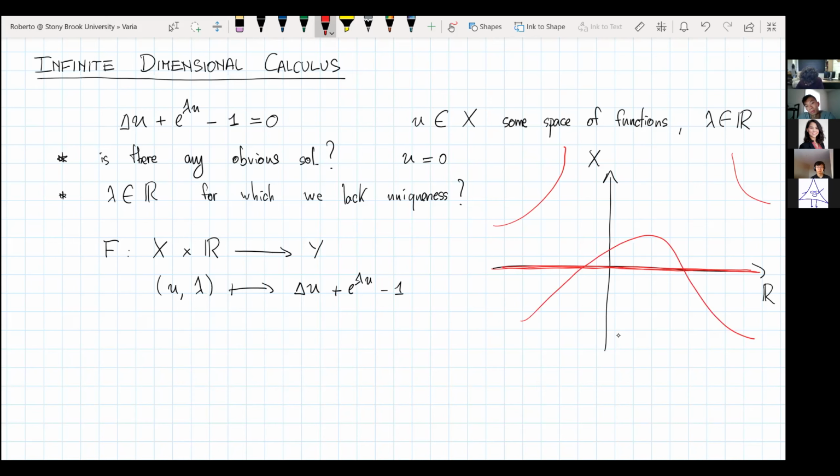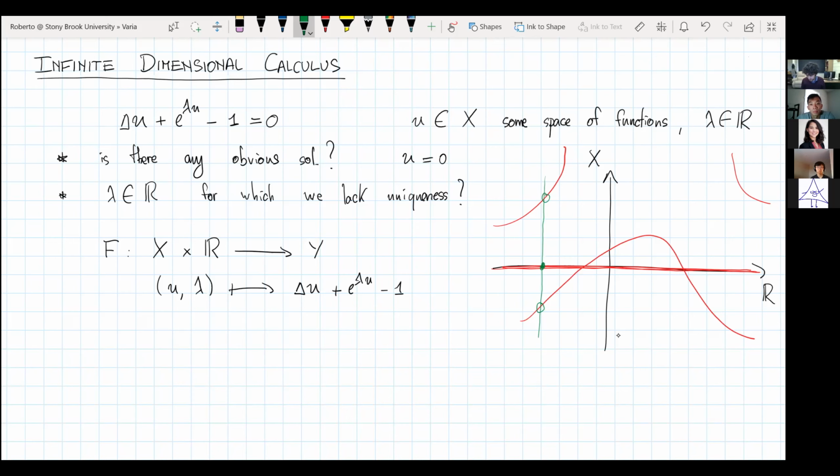So of course, if I take a point here, if I choose this lambda, then I have more than one solution. For this lambda, I don't have uniqueness because I have the trivial solution plus this solution plus this solution. So we want to spot these points for which we don't have uniqueness.